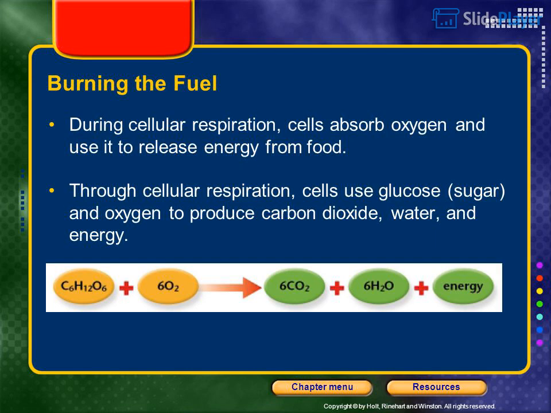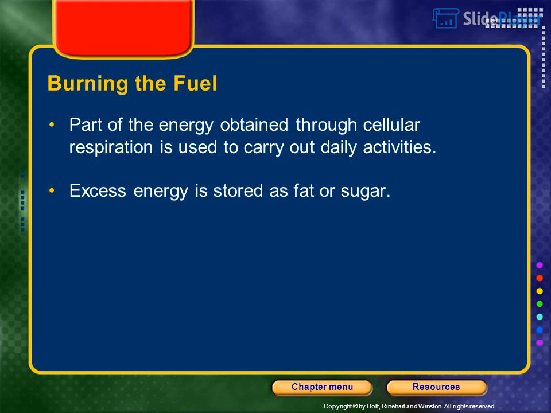Burning the fuel. During cellular respiration, cells absorb oxygen and use it to release energy from food. Through cellular respiration, cells use glucose, sugar, and oxygen to produce carbon dioxide, water, and energy. Part of the energy obtained through cellular respiration is used to carry out daily activities.